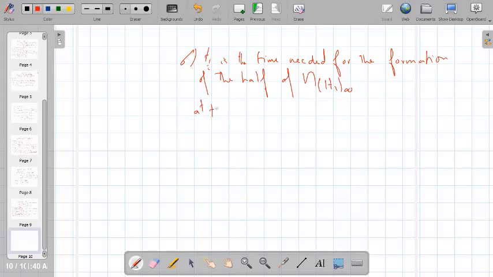Now we calculate the number of mole of H2 at T half. At T half, n(H2) equals n(H2) at infinity over 2.